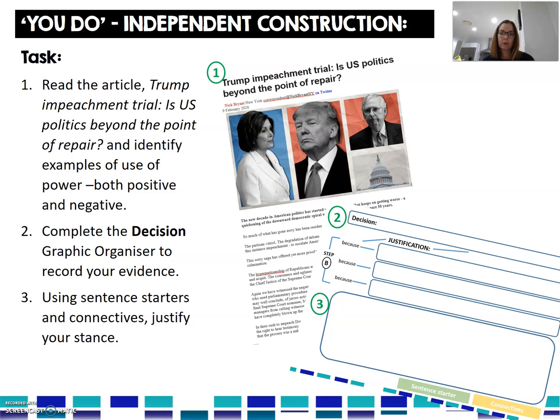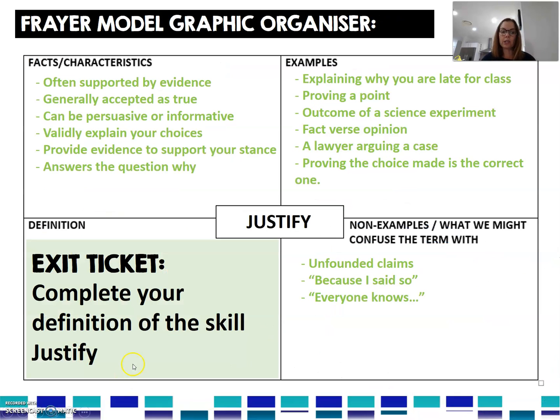Make sure that you save your handout using your name in the file name and the type of activity it is, so like Mason thinking skill, so that you can upload it to the submission box in your teacher's Moodle page. The last thing that you need to do is to complete your own definition of the skill justify. So that's page 1 on the Freya model, complete your definition, save, and then upload to Moodle.